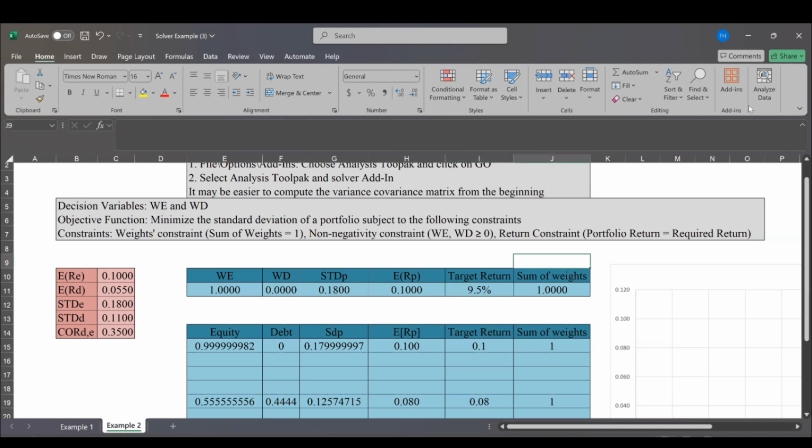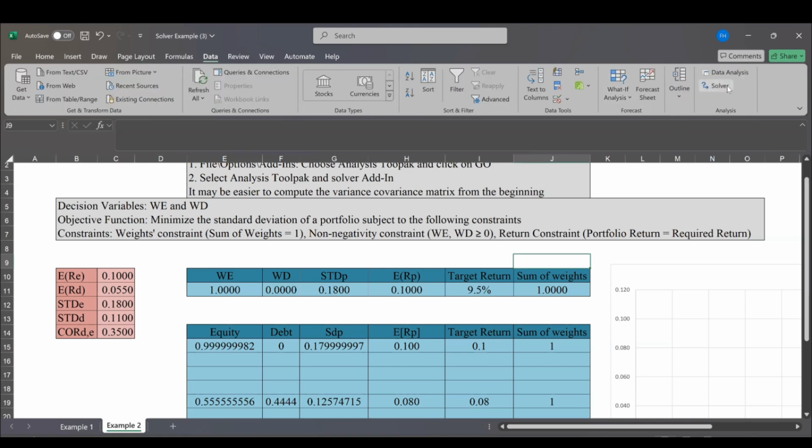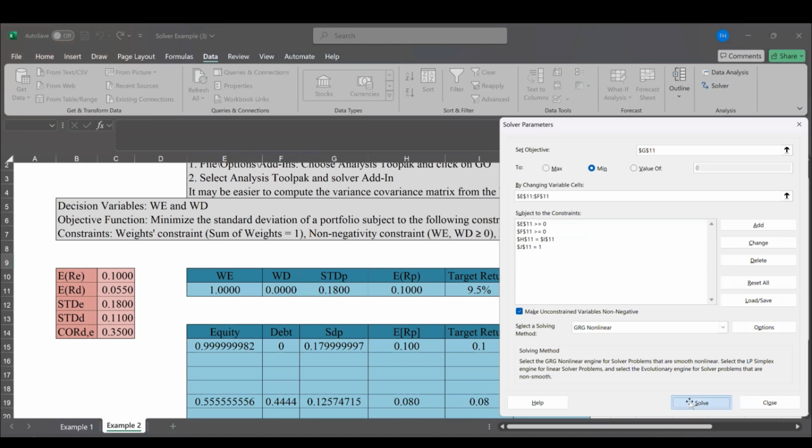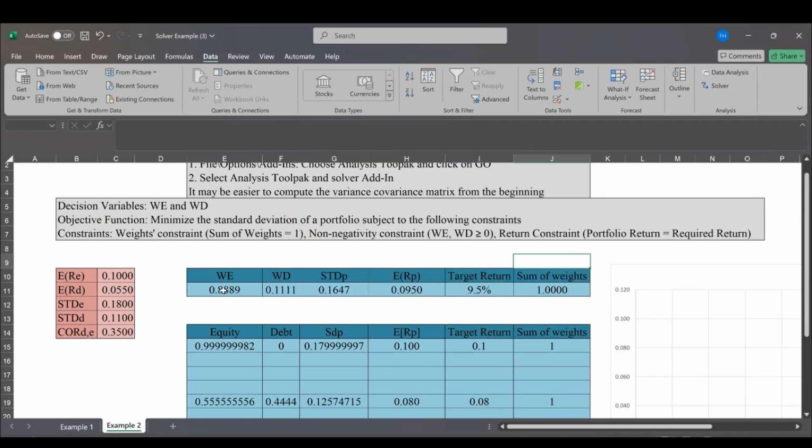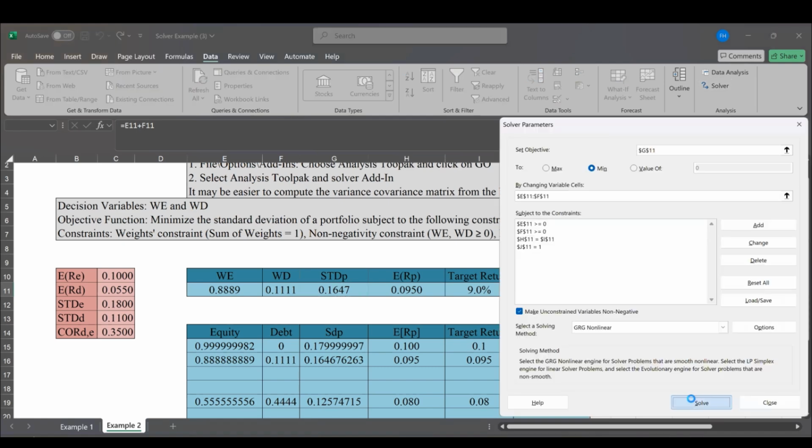So with 9.5%, I would solve again. So here I need to go back to data, solver, solve. So here I have another solution. I copy it and paste it. Values only. Then let's say I'm solving for 9%. So I go back to solver, solve again.